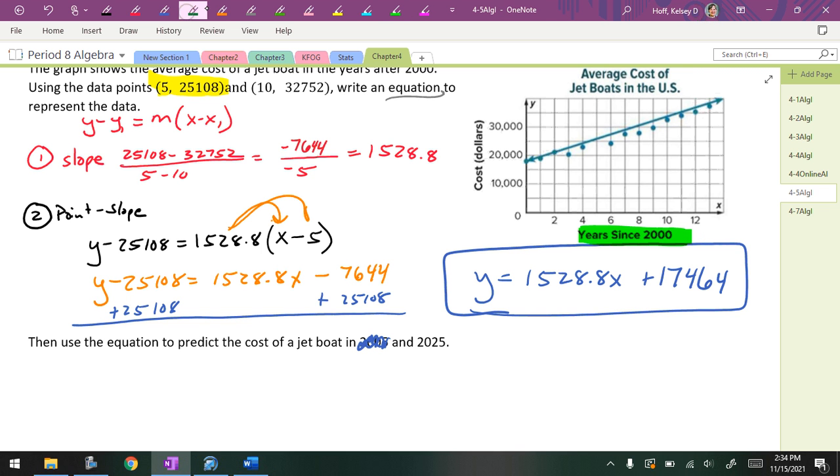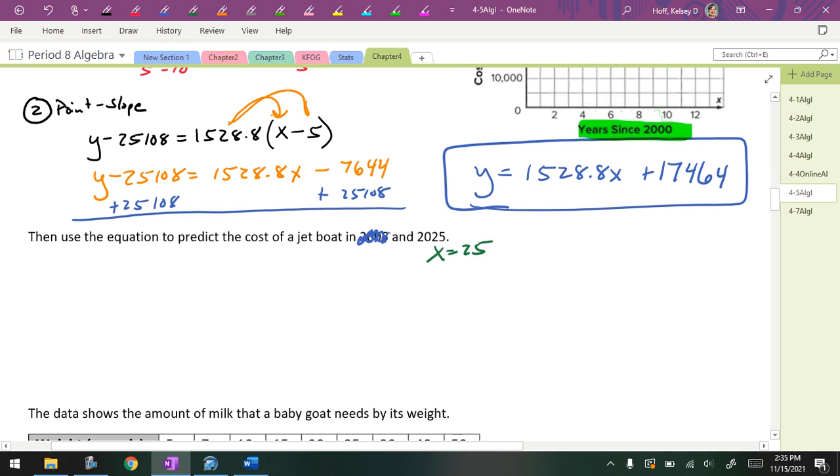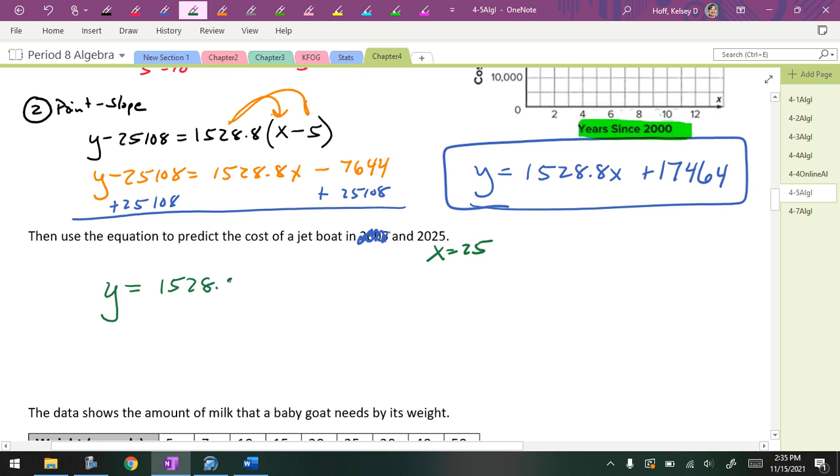So that would mean that x is 25 if we do 2025. So y equals 1,528.8 times 25 plus 17,464. Don't shout numbers at me because I'll never keep track of it. 1,528.8 times 25.